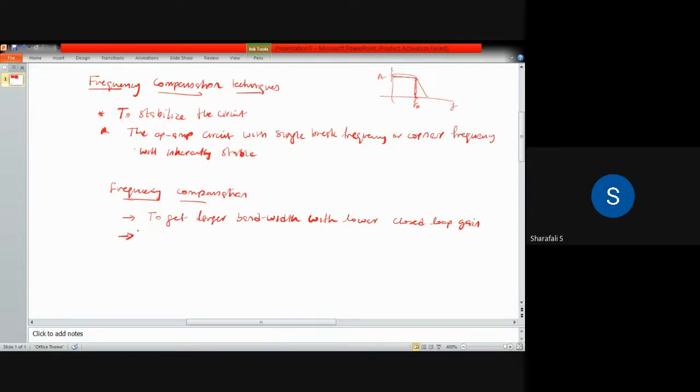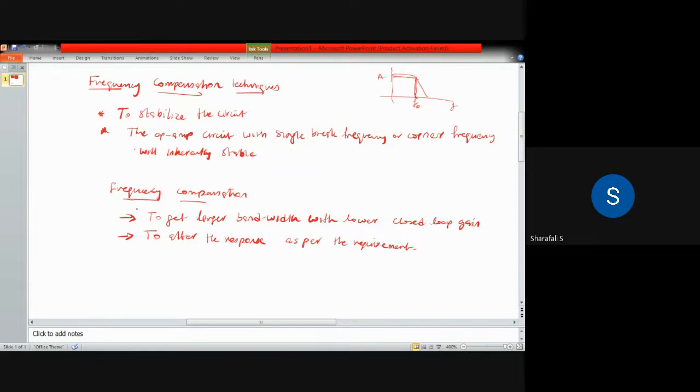And secondly, to alter the response as per the requirement. You'll understand what these things are very soon. There are two important things we have to get after this frequency compensation.